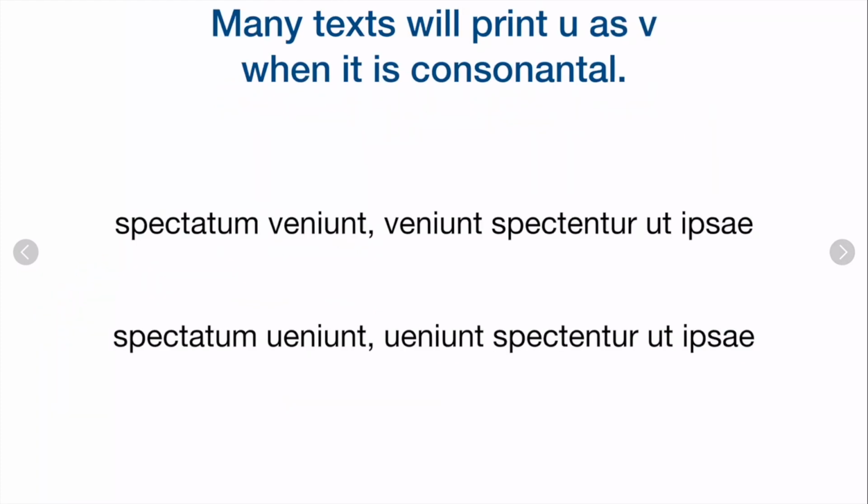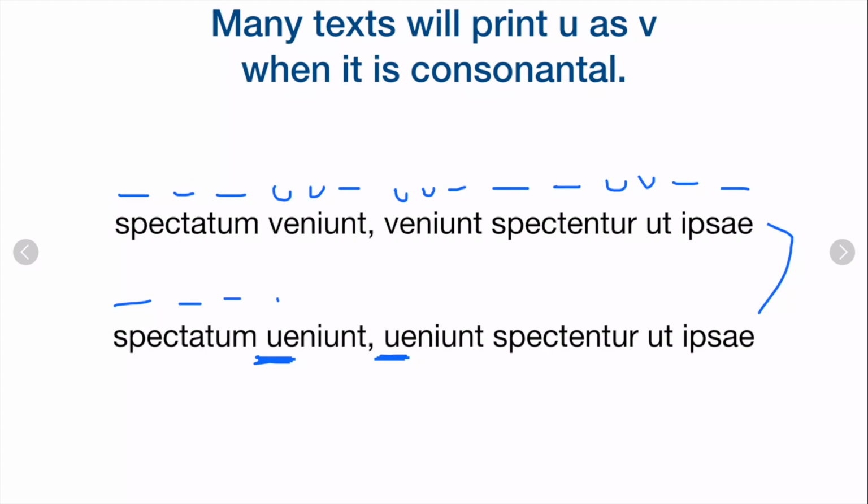Many texts will print U as V when it's being a consonant, and you're probably used to that. So here, again, these two lines are equivalent. Okay? Spectatum veniunt spectentorut ipsae. And then this, which might look funny to you, here we have the V's printed as U's. Okay? Spectatum veniunt spectentorut ipsae.